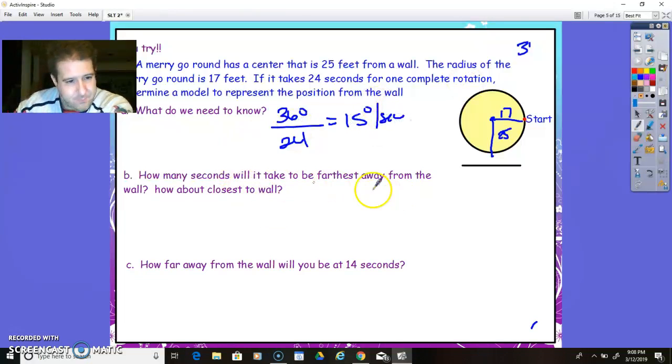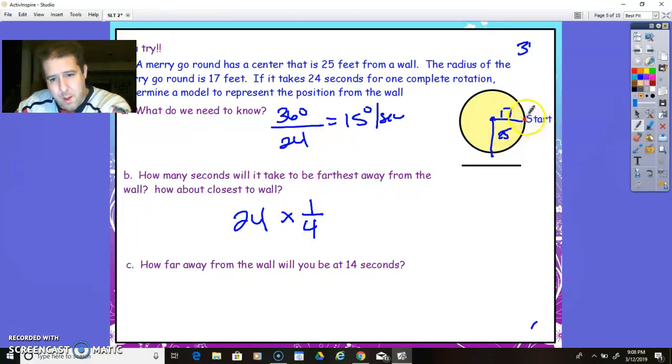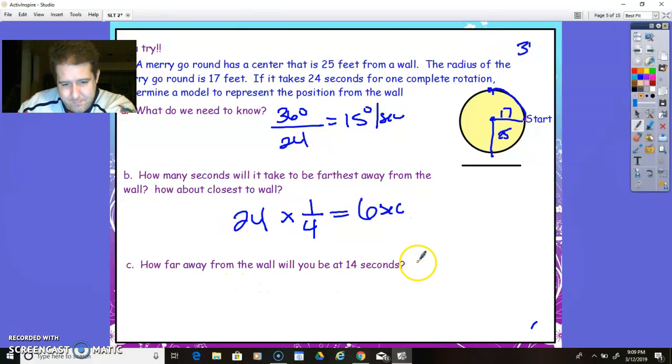How many seconds will it take to be the furthest away from the wall? So that would be 24 seconds for a complete revolution, multiplied by 1/4 of a movement. 24 divided by 4 is 6 seconds.